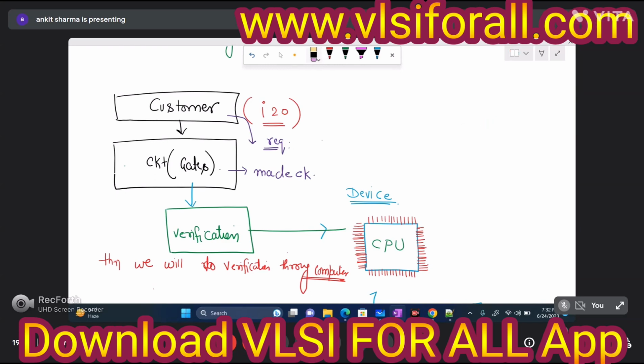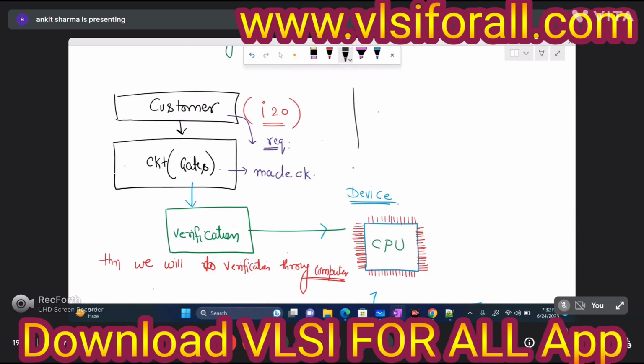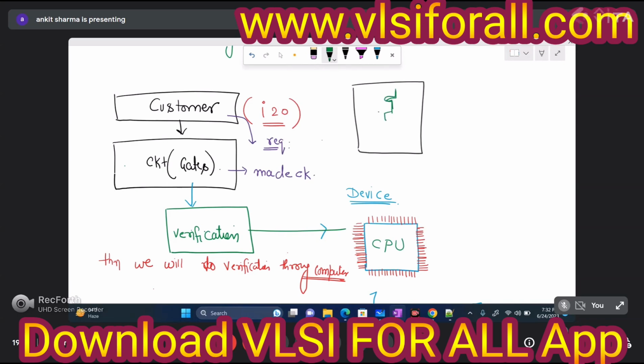So what is the option with us? Hence, we need a mediator. We need a mediator. Sir, what does mediator mean here? Try to understand. In one hand, we have this circuit, or we can make it just a symbolic diagram. I think you can understand that now.